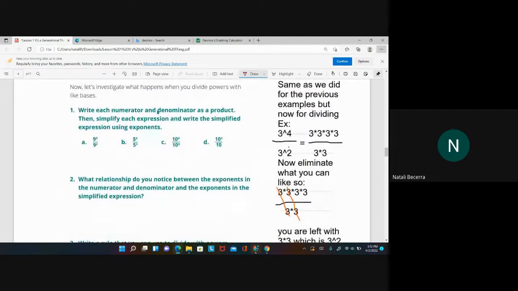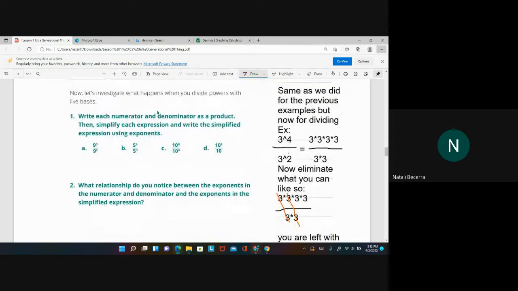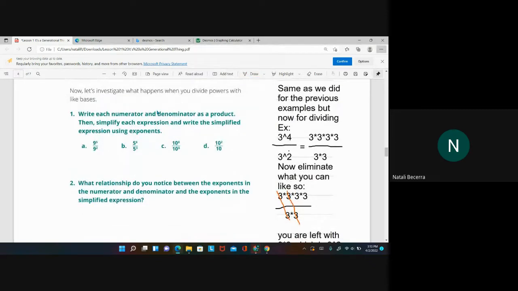All right, so now we're going to get to whenever we're dividing. So it says, same as we did for the previous examples, but now for dividing. Make sure you write down everything that's in black. It's a little example right there. But I'm going to go ahead and just move on.